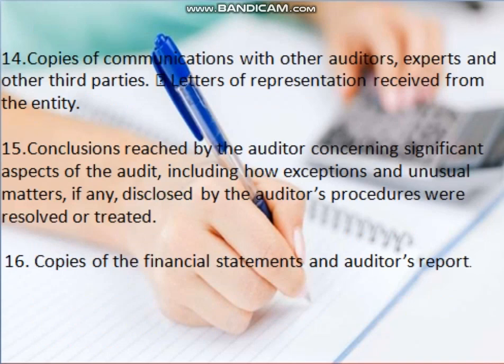It includes conclusions reached by the auditor concerning significant aspects of the audit, including how exceptions and unusual matters, if any, disclosed by auditors' procedures were resolved or treated. It also includes the copy of financial statement of auditor's report. These are the different aspects or different things included in the auditing working papers.